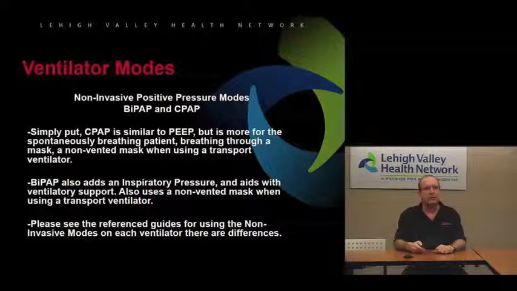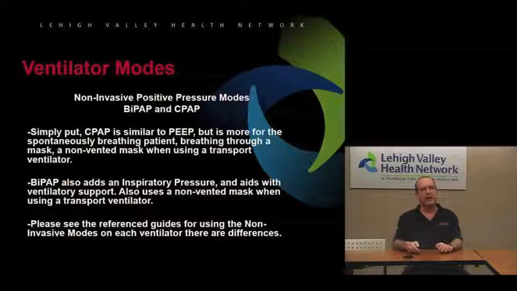When we're using our transport ventilator, it needs to be a non-vented mask. And that's where you can get screwed up, because a lot of times the BiPAP and the CPAP units used in emergency rooms, the ICUs, and the hospital, they use a ventilated mask.